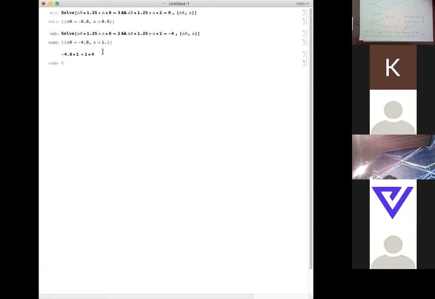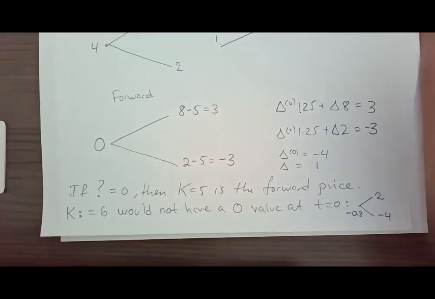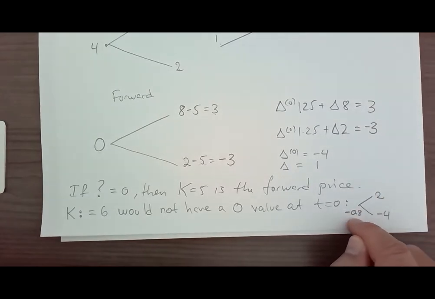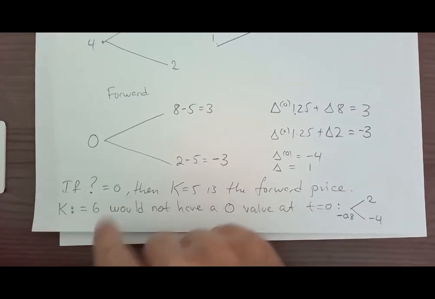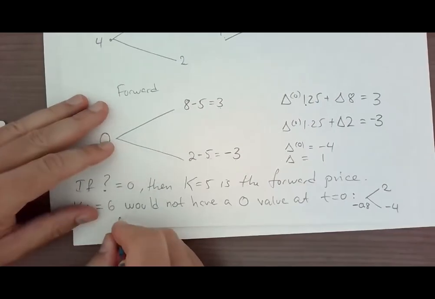And the other one stays the same. That's still a 1. I solve, I get minus 0.8. And because that is not 0, that means that this 6 here is not the forward price. So 6 is not the forward price.